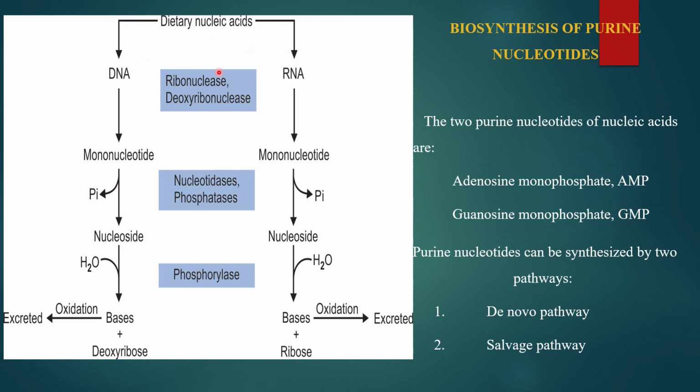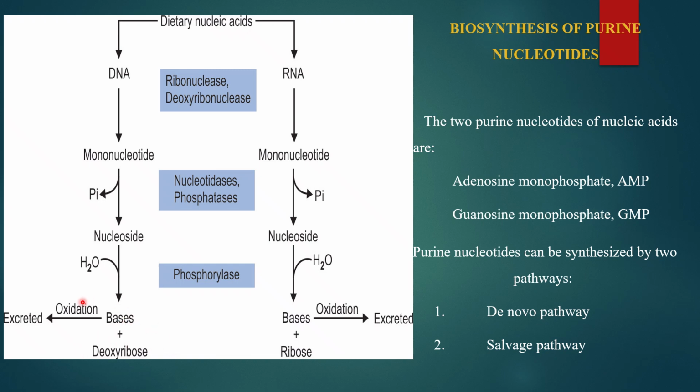Dietary nucleic acids, DNAs and RNAs, are converted into mononucleotides under the influence of the enzymes ribonuclease and deoxyribonuclease. These mononucleotides can further be converted into nucleosides in the presence of the concerned enzymes, with the loss of the phosphate group. Further hydrolysis of these nucleosides leads to the bases and deoxyriboses as separate entities.